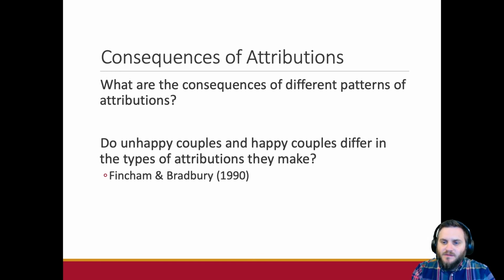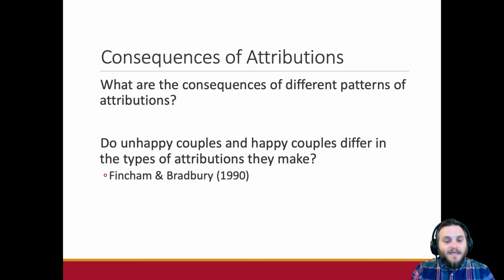Happy couples use what are called relationship enhancing attributions. So bad behavior is viewed through a lens that is external, unstable, with low responsibility. Okay? So bad behavior is seen as caused by the situation, it's temporary, and the person shouldn't feel guilty about its occurrence or recurrence.